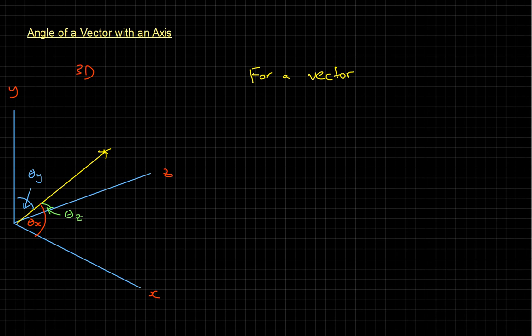So for a vector x, y, z, where x, y, and z are specific values, the angle it makes with the x-axis is equal to cos inverse of the x value divided by its size, that is to say the magnitude of the vector.